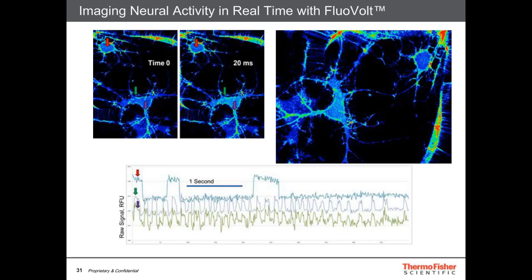What that has allowed us to do is load cells, like in this case a neural stem cell derived sample, and place a region of interest over, say, a cell that you might be interested in, and monitor the voltage excursions in real time with very fast refresh rates and resolve action potentials or clusters of action potentials on these cells.